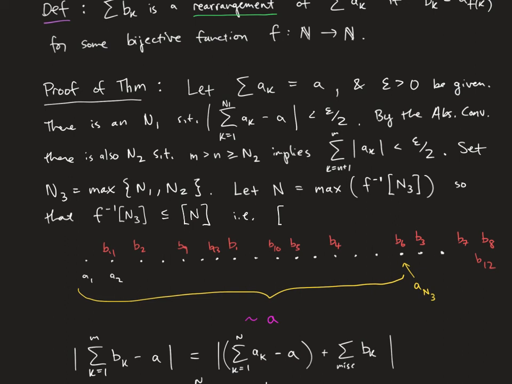That is, the set of the first N3 natural numbers is contained in the set f of the first capital N natural numbers.